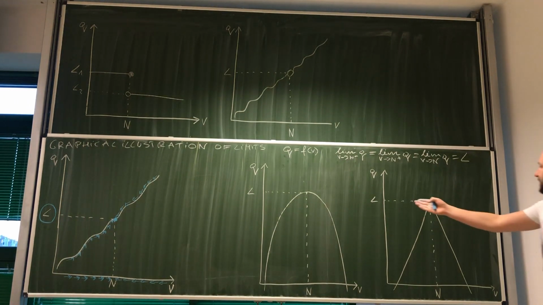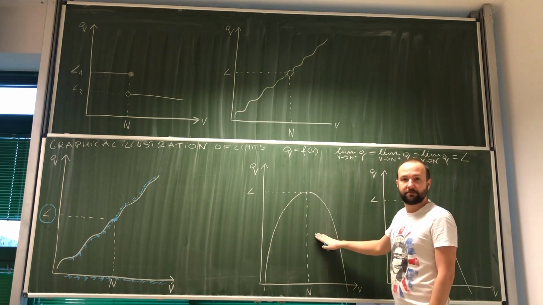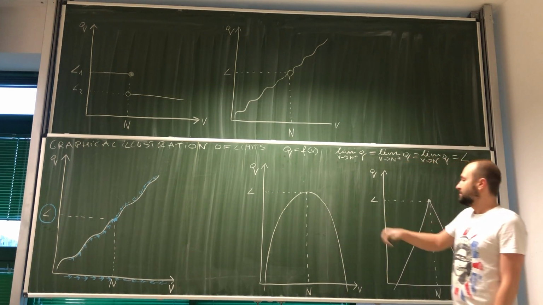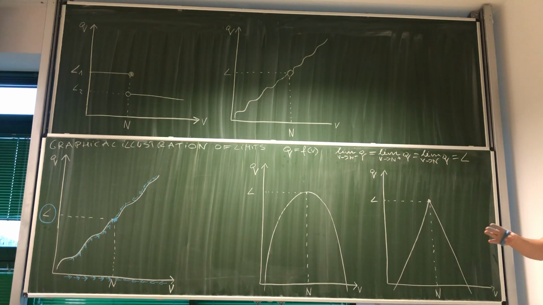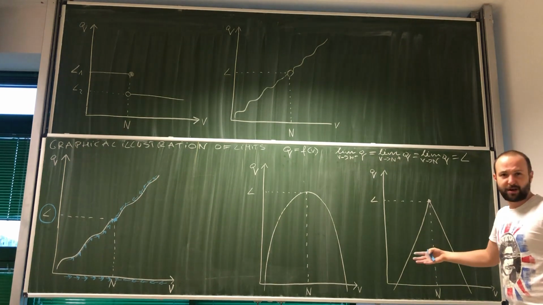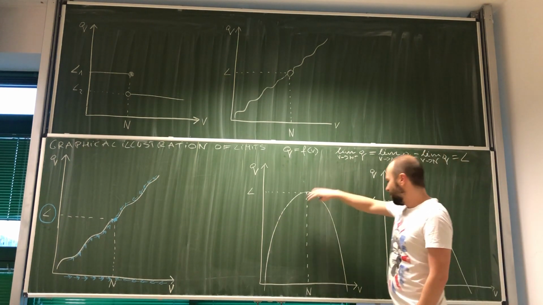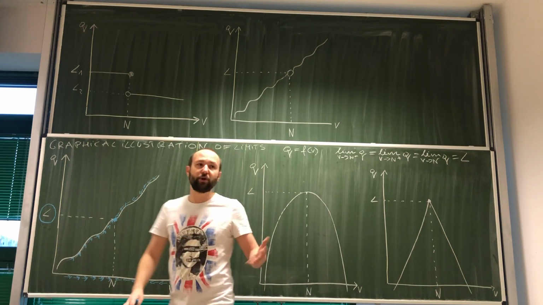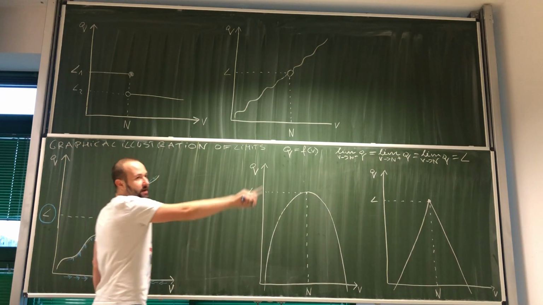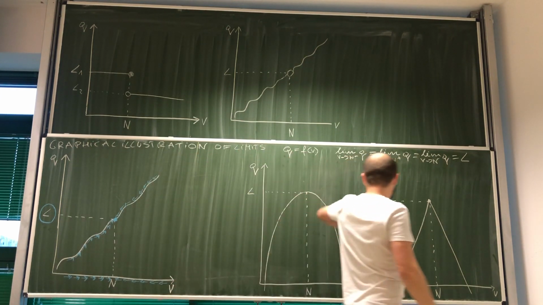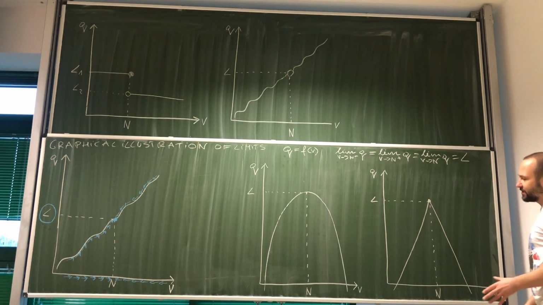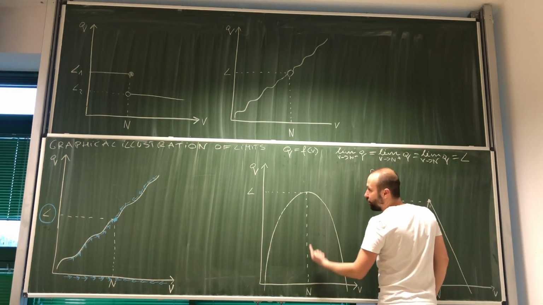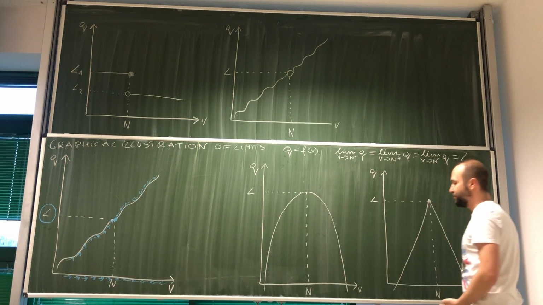Okay, let's consider a function like this. How could we describe this function? For example, this could be an upside down parabola, right? Or it could be a part of some polynomial function which has a lot of hills and valleys. But of course now we are interested in what is the limit at this arbitrary point n.